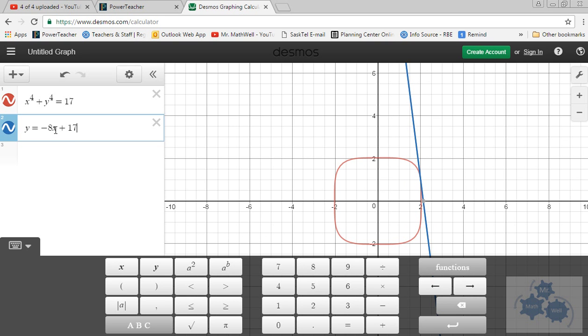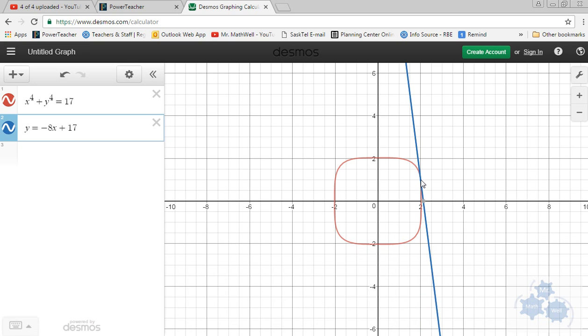So if we draw that line right here, it appears that we have 2, 1, right? If I get it closer, you can probably find a value there. But there we go, 2, 1. So there's our point of tangency. Okay, confirmed. Good? All right.